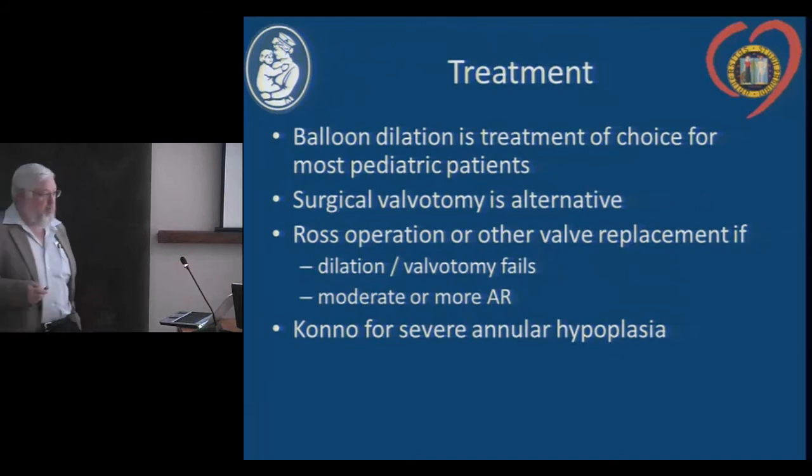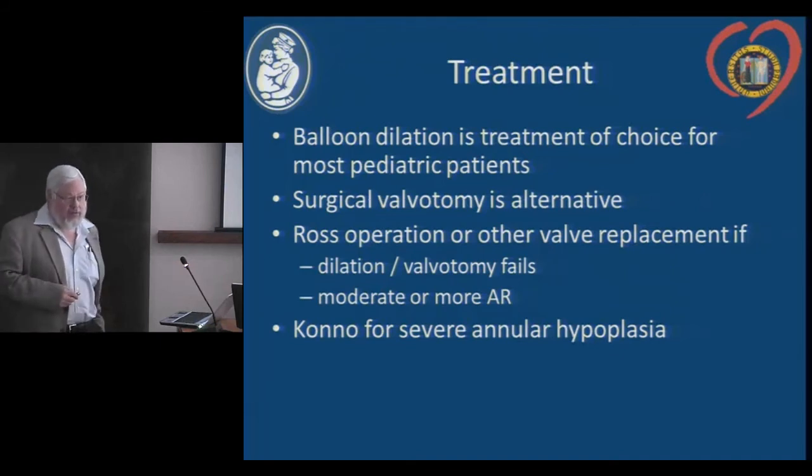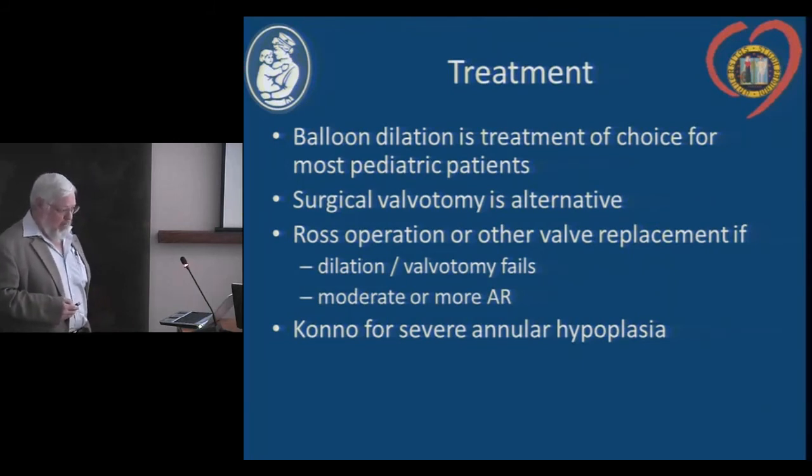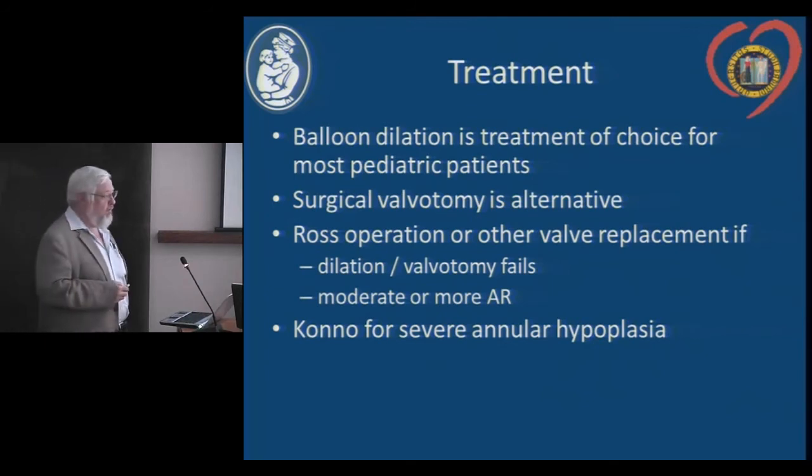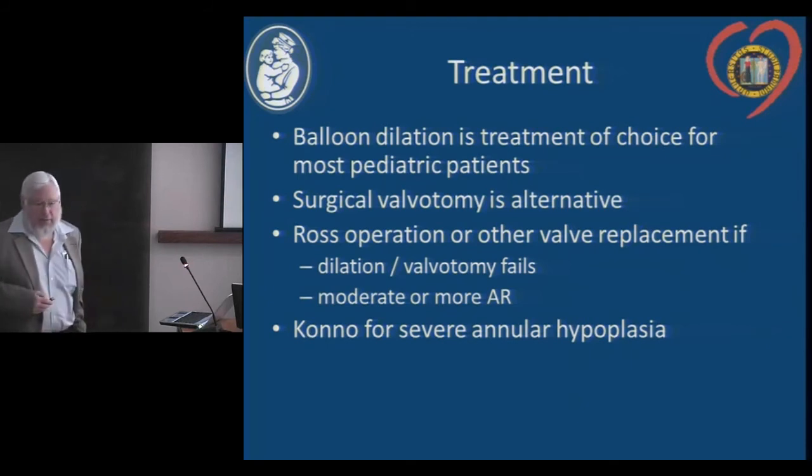I think this can be debated one way or another, and I don't know of any really very good data. There are a couple of papers comparing them, one from years ago from Benny Zevi, actually, when he was at Children's. I don't know of any very good data comparing surgical and balloon dilation in a reproducible way.